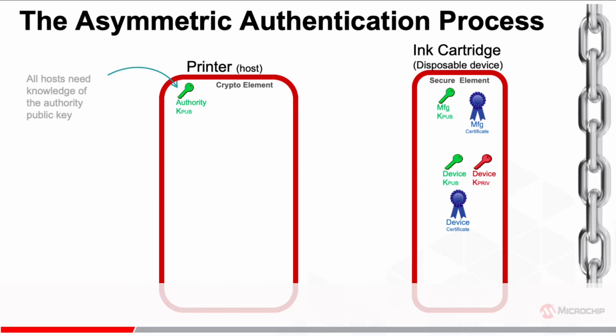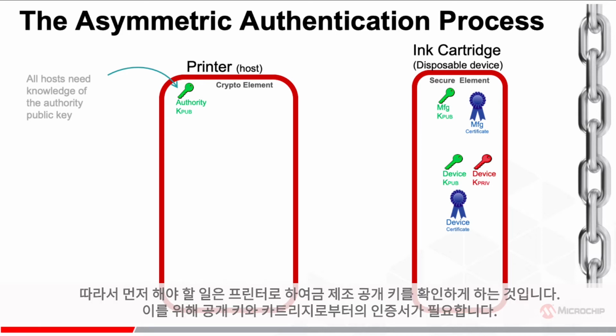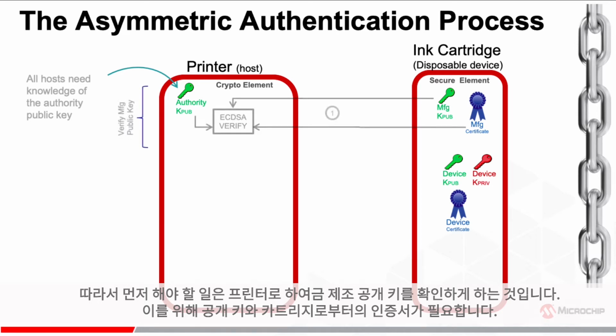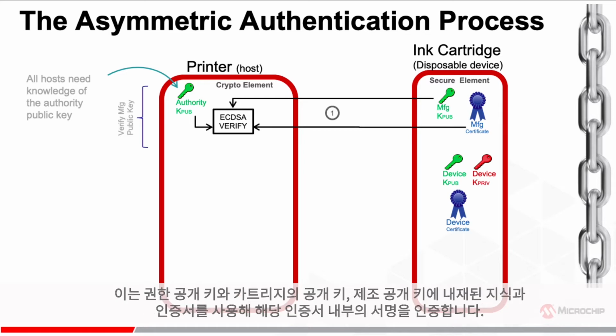So the first thing we do is the printer has to verify the manufacturing public key. It requests that public key and the certificate from the ink cartridge. It uses the knowledge of the authority public key as well as the public key from the ink cartridge, the manufacturing public key, along with the certificate to authenticate the signature inside of that certificate.